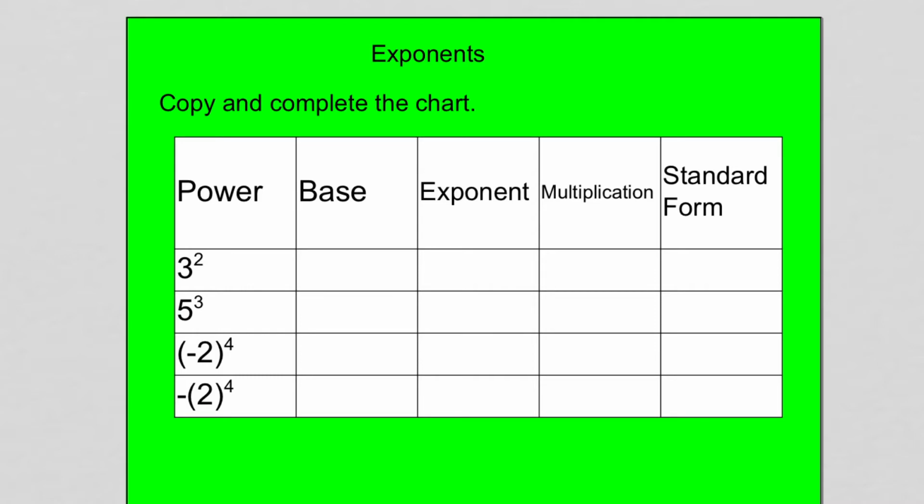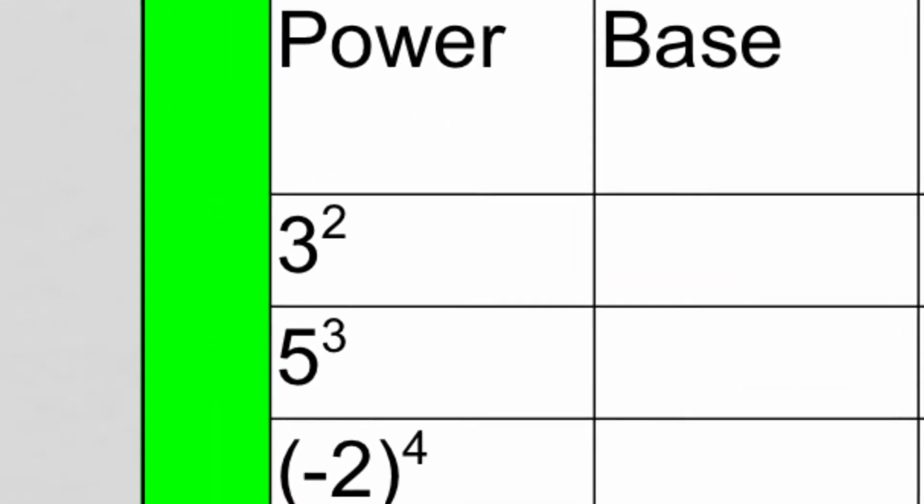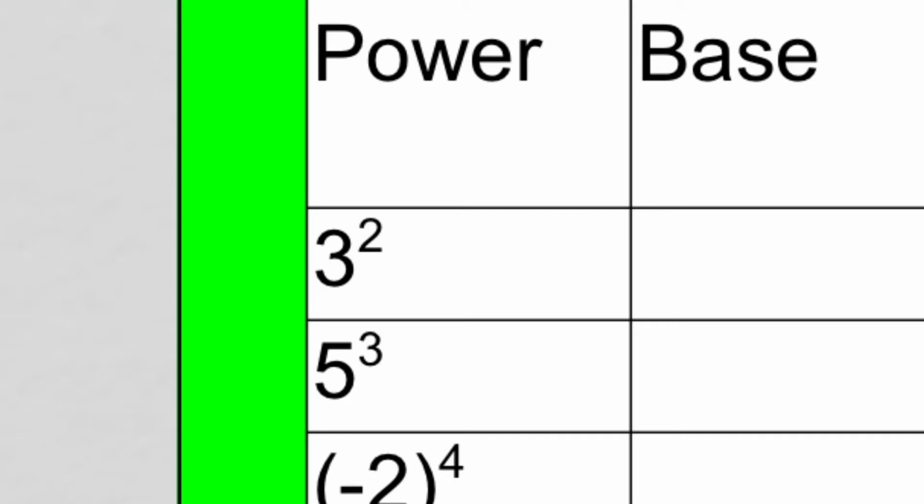Now, what I want to talk about in this chart is just some of the terminology surrounding powers. So if we look at the first question, we call the entire number, the large 3 and the little 2 in the right-hand corner, 3 to the power of 2, or we say 3 squared.